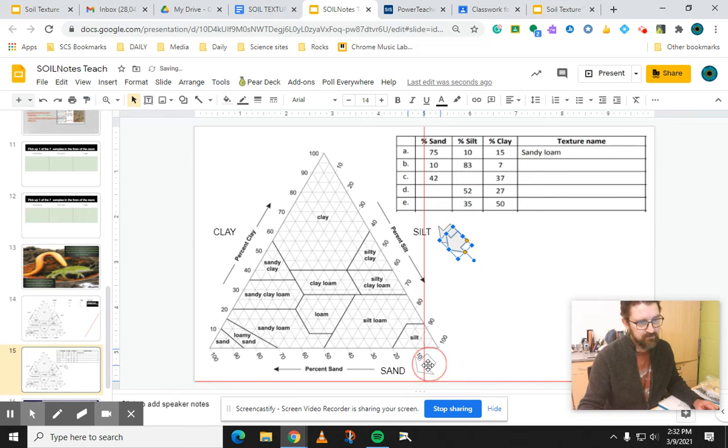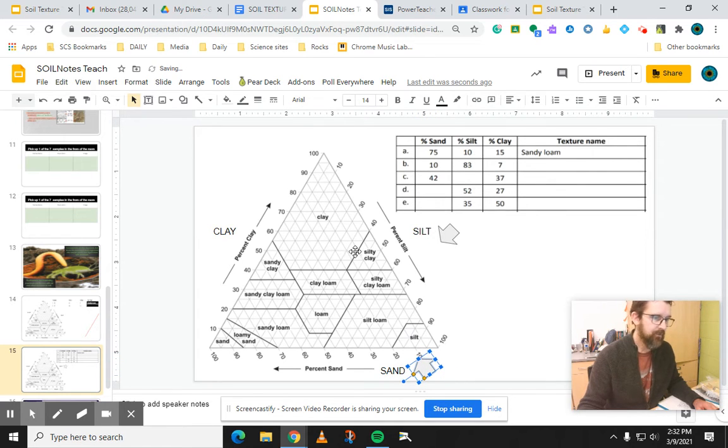And the sand lines are going to run at the diagonal going upward that way. Now, what's really important is that you don't just go up, but you actually follow this line at that angle, so parallel to these lines that are running this way. Okay, and then the clay one is a little easier. The clay is running what I would consider straight across. So that one is a little easier to do because you're just following the lines straight across. None of them are hard. It's just that you got to make sure you're following these guidelines.